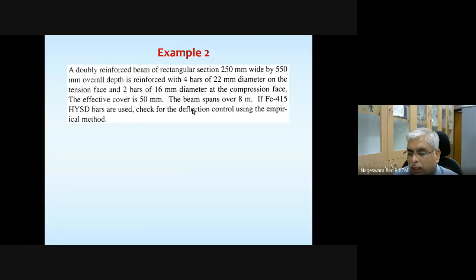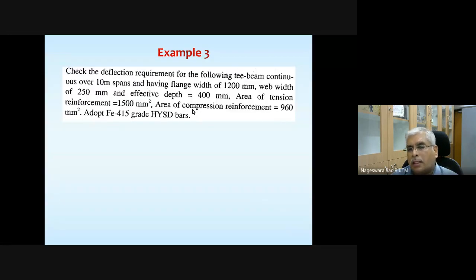So now let's make use of figure 6, which is for flanged sections. An example is framed for that kind of situation. Example 3. Check the deflection requirement for the following continuous T-beam.